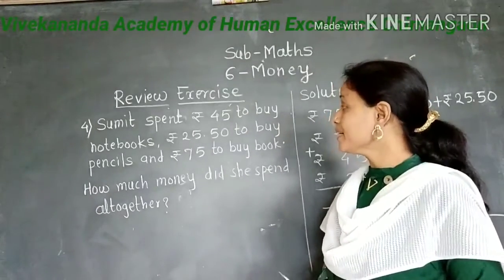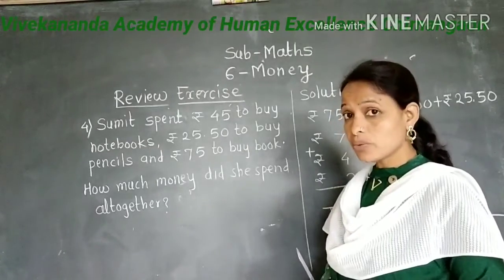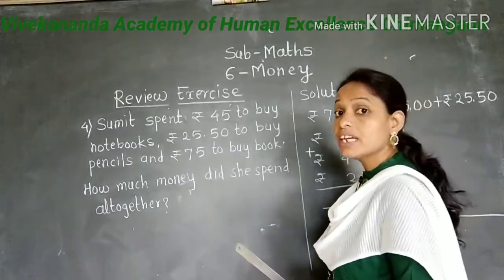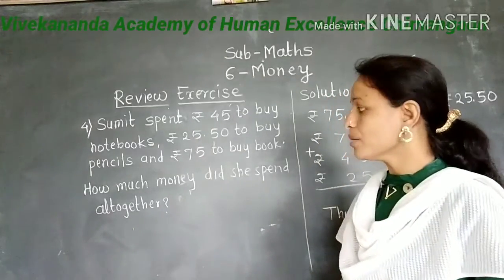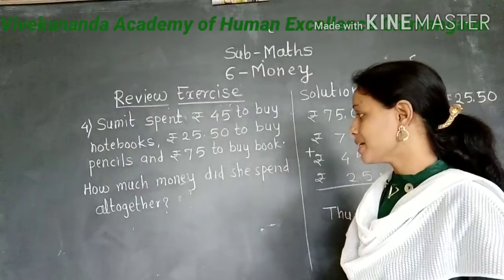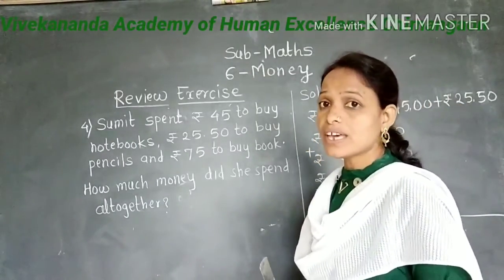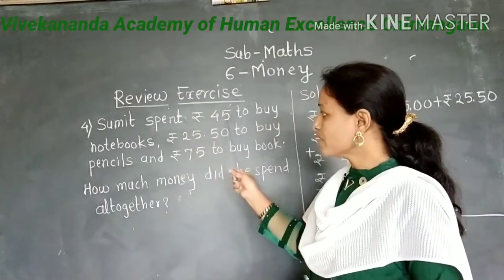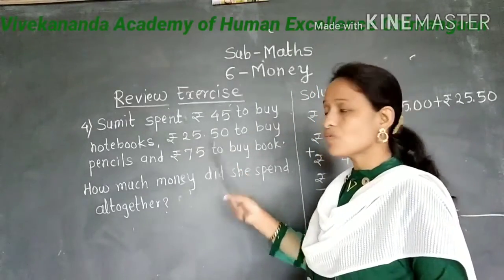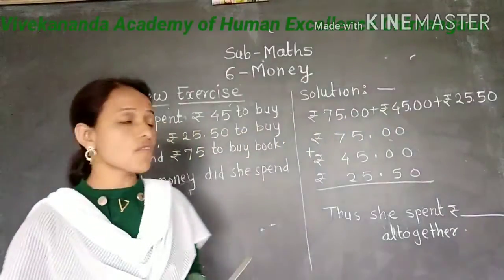So in total how much money did he spend altogether? In this example we have to add 45 rupees, 75 rupees and 25 rupees 50 paise.